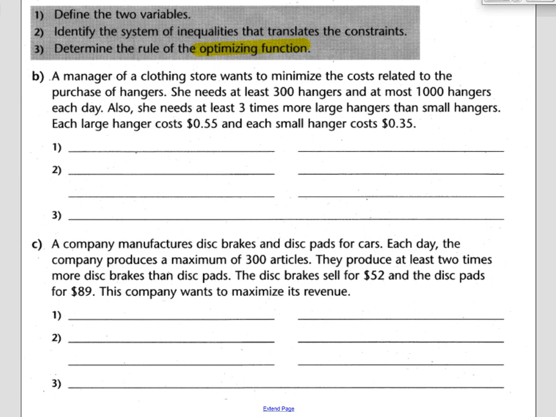So the two variables you should get: I'm going to use x as the number of large hangers and y as the number of small hangers.